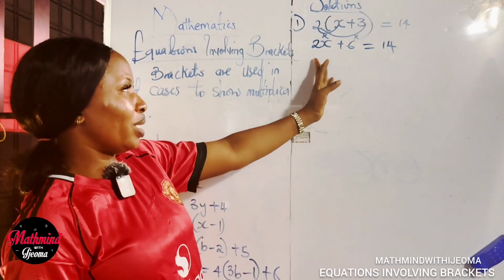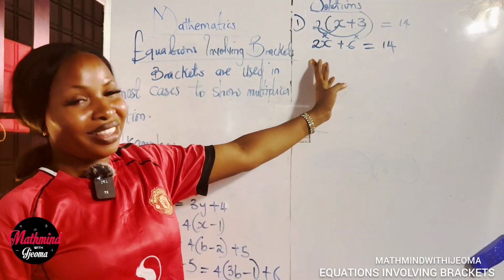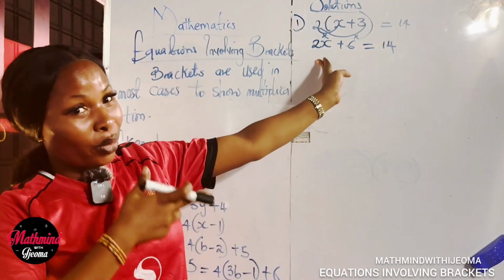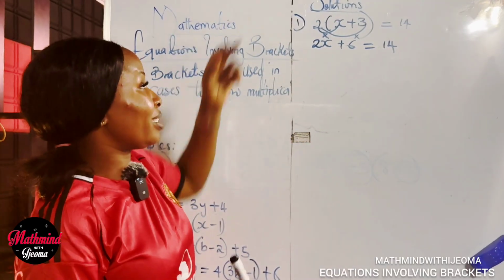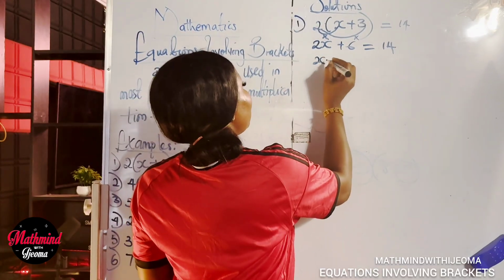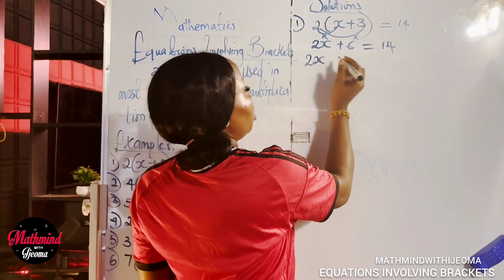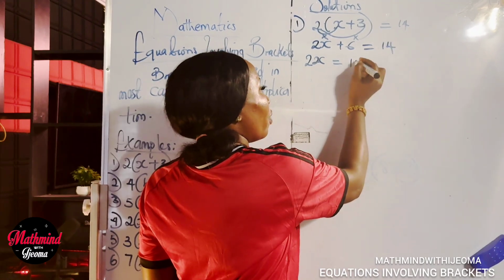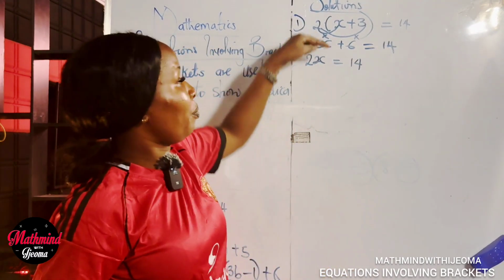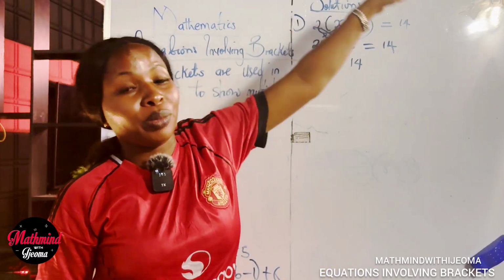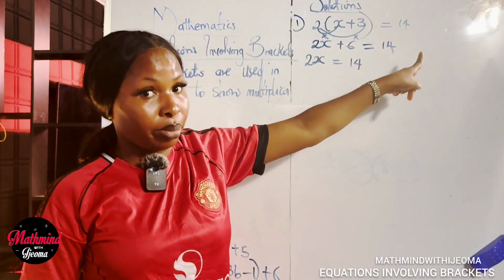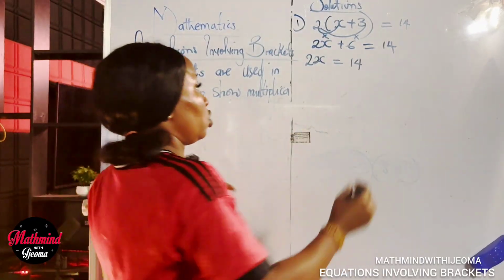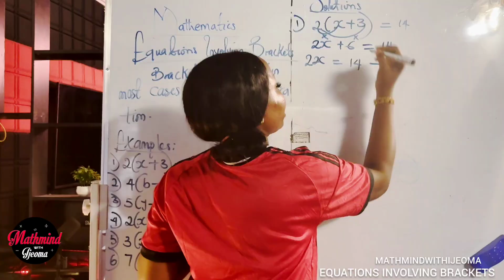What does this look like? Here you collect like terms. Remember our rules. In this case, 2x is the only one with x. So 2x is equal to 14, which is already at the right hand side. When plus 6 crosses to meet 14, because they are ordinary numbers, constants, it will become minus 6.